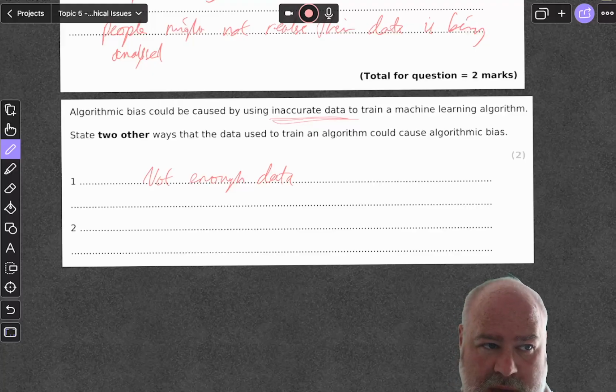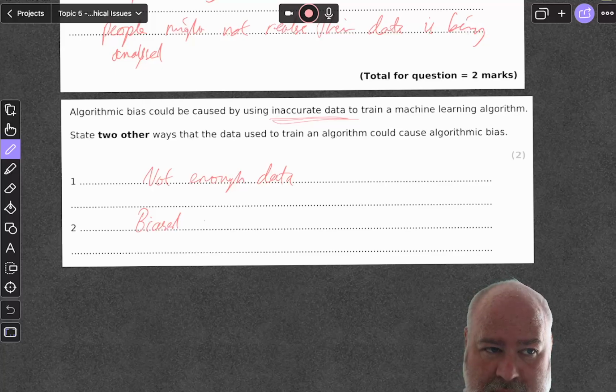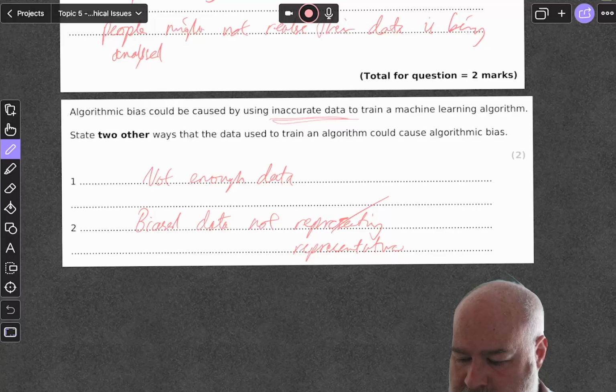You could also say, I think the inaccurate data, we can still go a little bit further than that. We can say biased data, not representative. I think that might be better. Not representative.